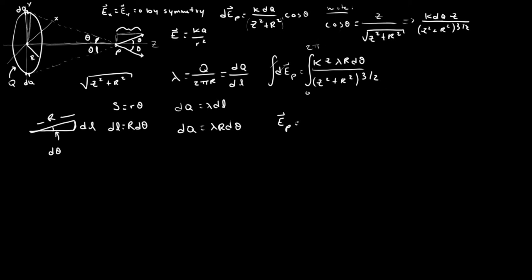Now the thing about integrals is you can pull constants out of the integral. Now we know that k is a constant, z is a constant, lambda is a constant, r is a constant, z is a constant, and again r is a constant. And so we can pull all of that out and say that it's k, z, lambda, r divided by z squared plus r squared to the 3/2 times the integral from 0 to 2 pi of just d theta.